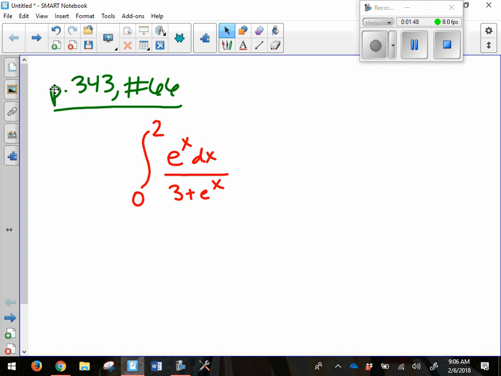U substitution. So where do I look for u's? Denominators. Where else? Something that's raised to a power. The square root of something. The argument of a trig function. Whatever's in parentheses. Whatever the e is raised to is another good place to look for things.